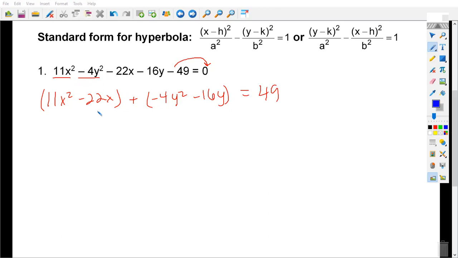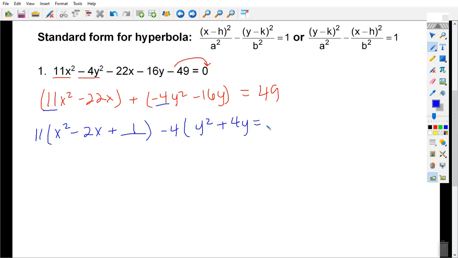After we do that, we're going to factor out our leading coefficients and complete the square. Our leading coefficient here is 11. So we factor out 11 and we're left with x squared minus 2x, and I'm going to complete the square, which would make this a 1. Factor out my leading coefficient, which is negative 4, and I'm left with y squared plus 4y, plus 4.